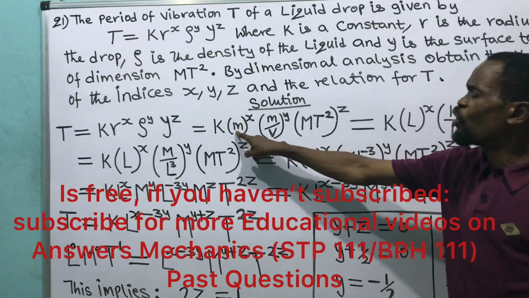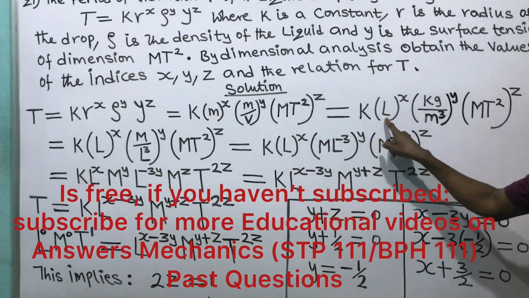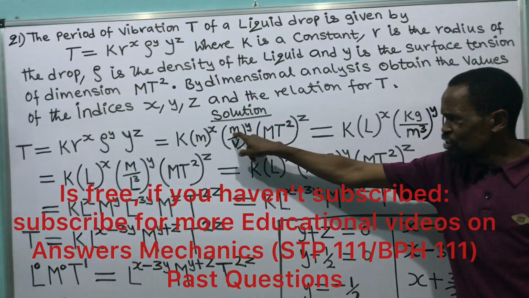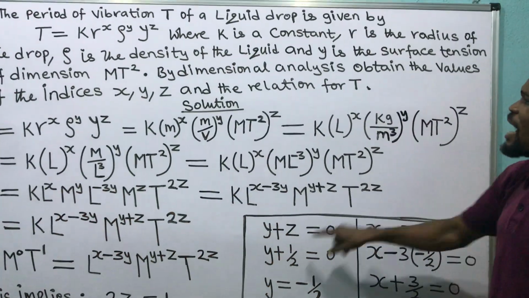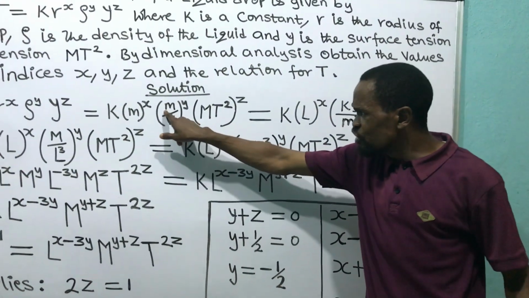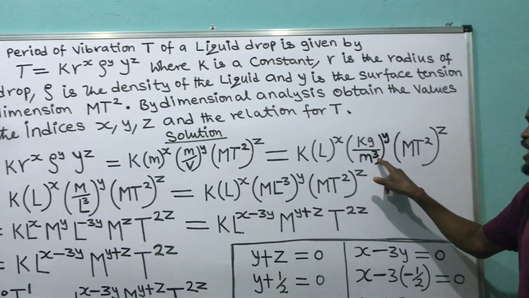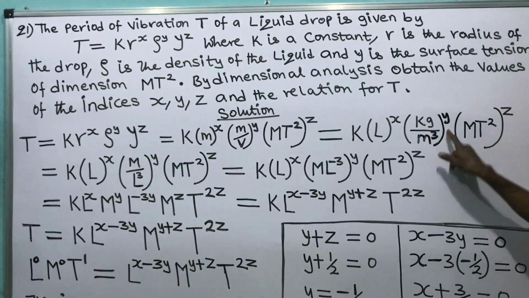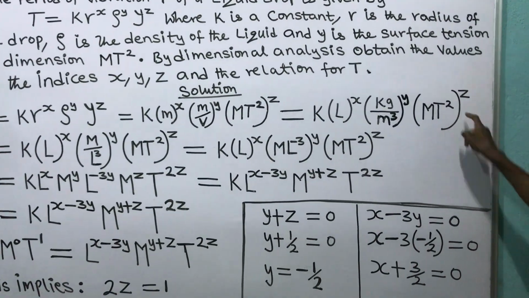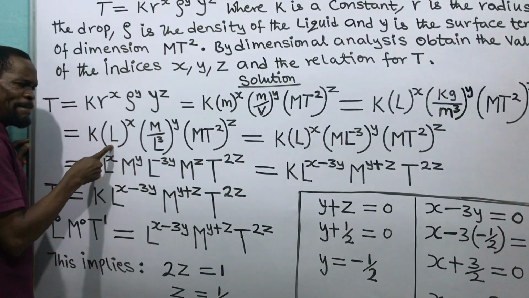So the unit of radius is meter, and the dimension of the meter, which is length, is capital L. The unit of mass is kilogram, and the unit of volume is meter cube. The unit of mass here is kilogram, and the unit of volume is meter cube, and all raised to power Y. Then here I take this dimension, it's already giving me dimension, I put it there, raised to Z. Then come over here, equals L, which is the dimension.